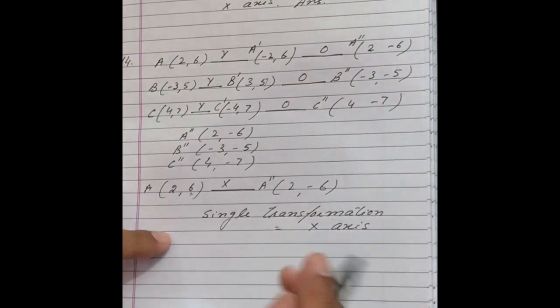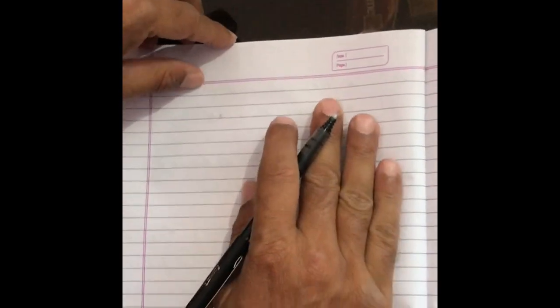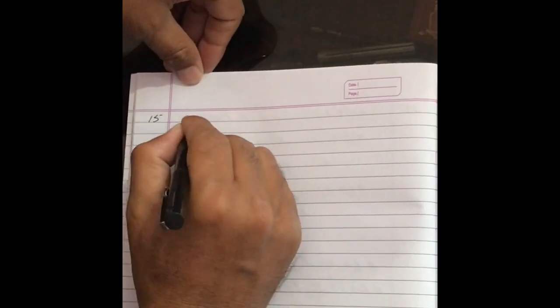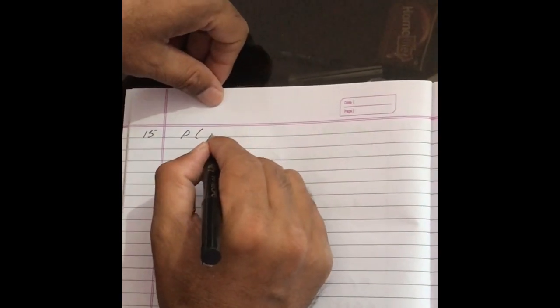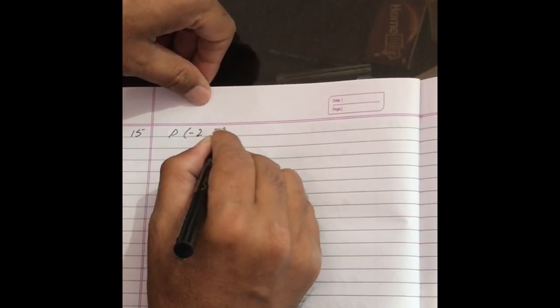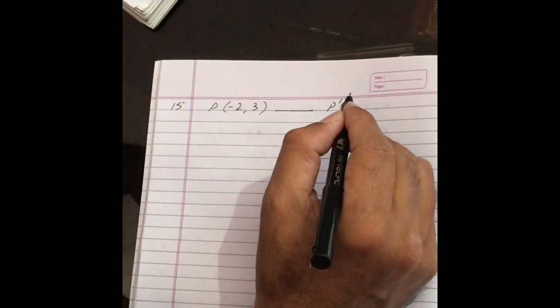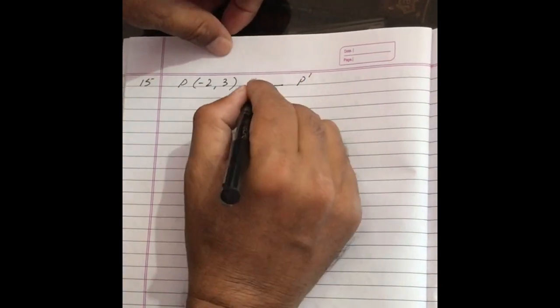So then question number 15. This is an easier one. Point P is minus 2, 3. Reflect P to P dash in the x-axis.